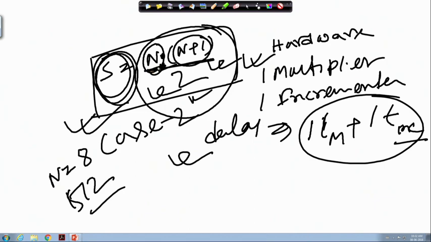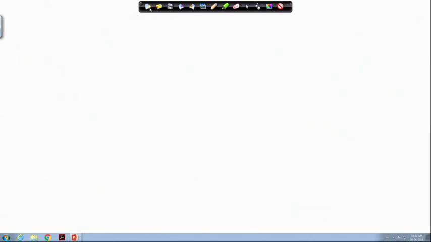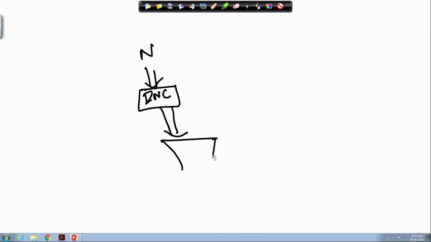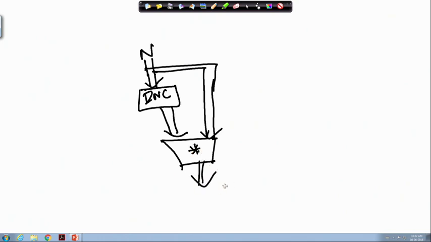If I specify this, what do I need here? If I just draw this, I need to put this as n, this is an incremental circuit, okay. Then that will come over here. So, this incremental circuit is multiplied with this, and here I will get the corresponding sum.